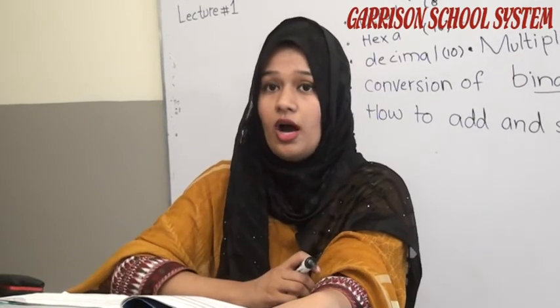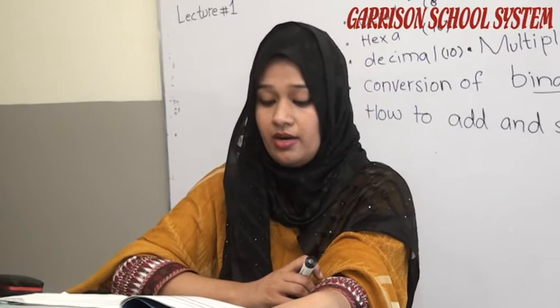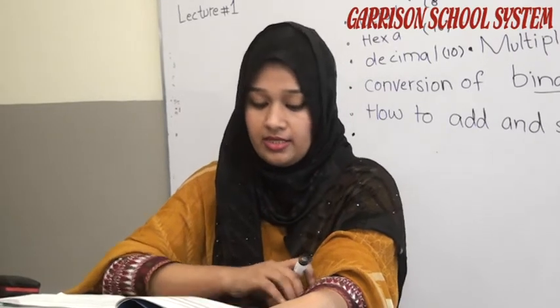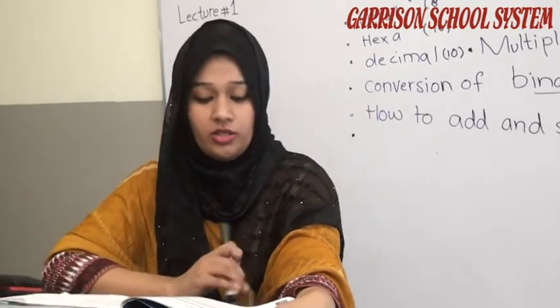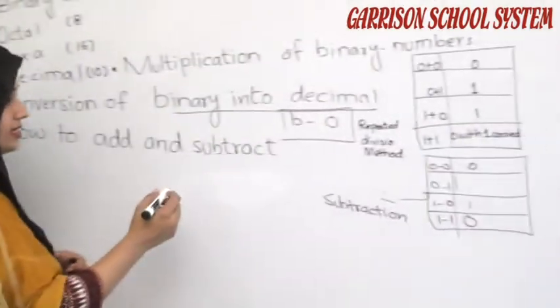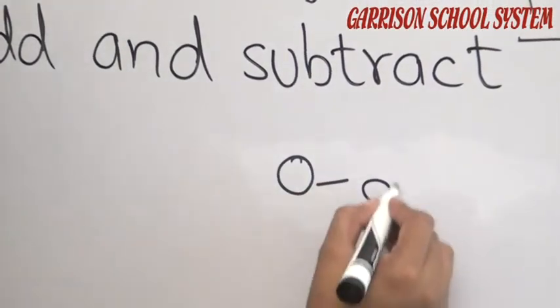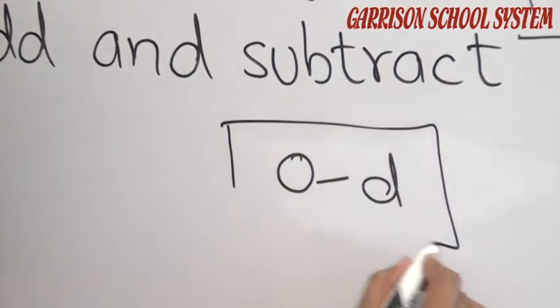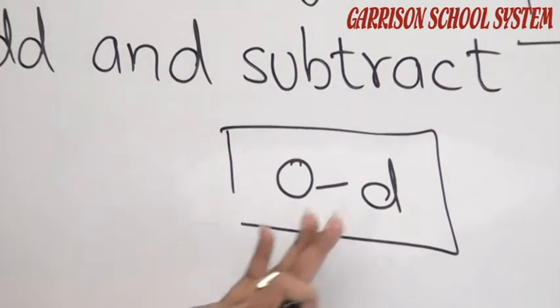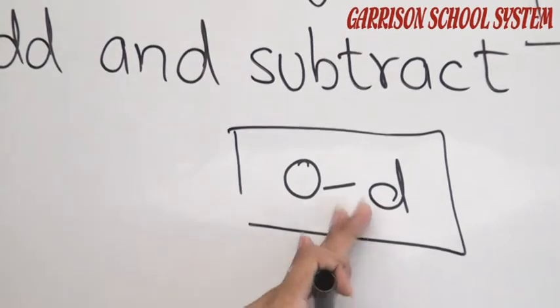You all know how to convert an octal number into the decimal number system. We use the expansion method.